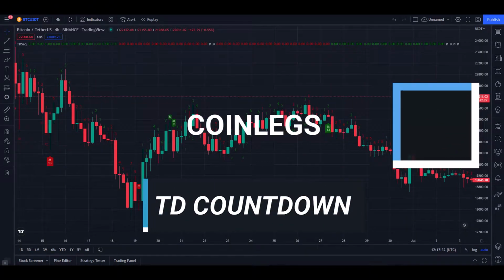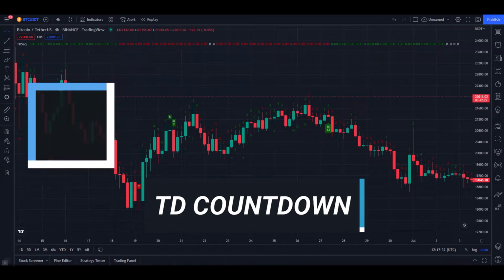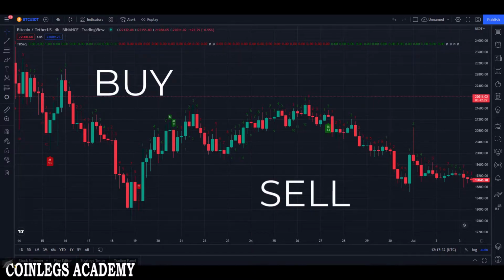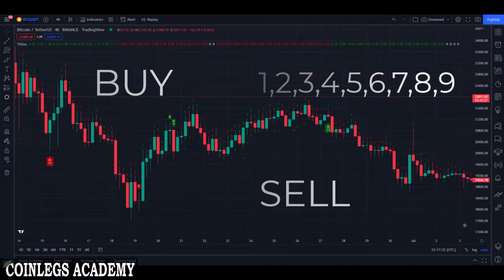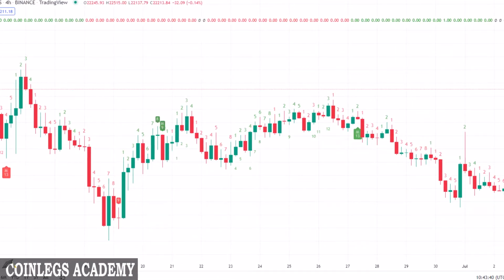In this video, we will learn how the countdown part of the TD Sequential indicator works. From the previous part, we have examined how I evaluate the buy and sell signals in our 1 to 9 countdowns. As you can see, we have M9 in the sell setup.